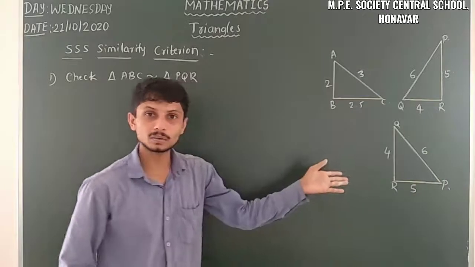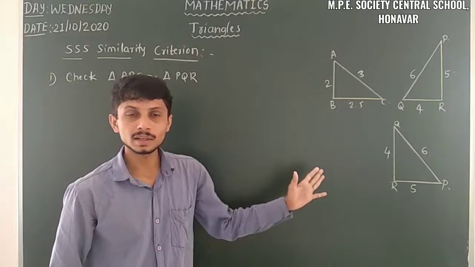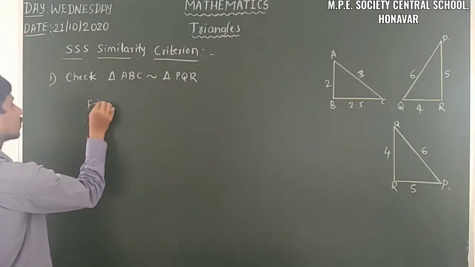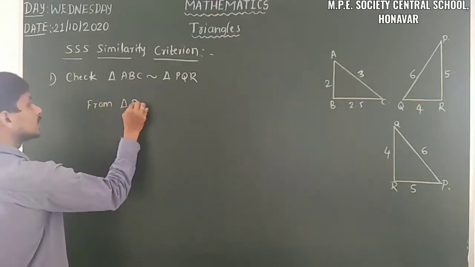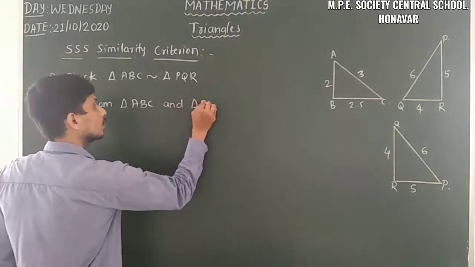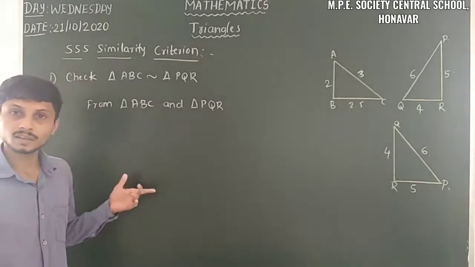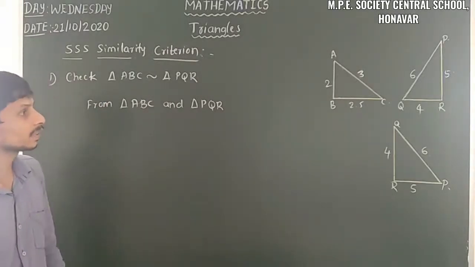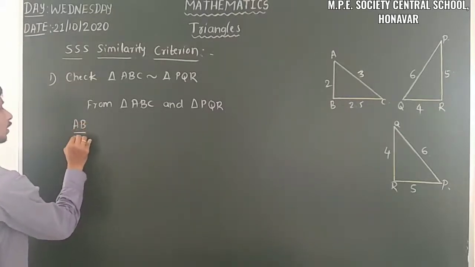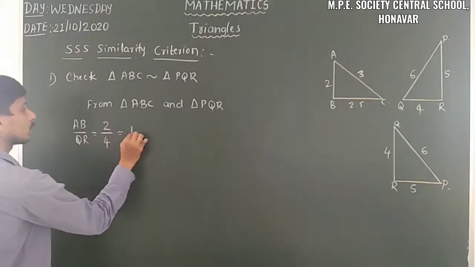After that we have to check whether the corresponding sides are proportional, from triangle ABC and triangle PQR. Firstly I will take AB by QR, which is 2 by 4, equal to 1 by 2.